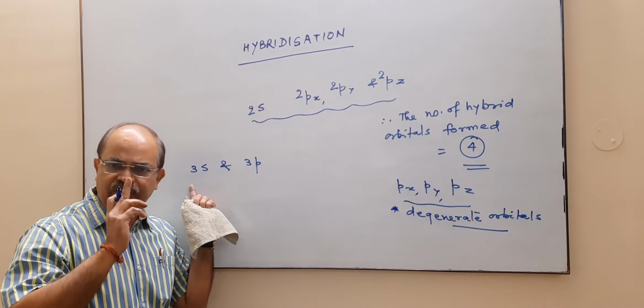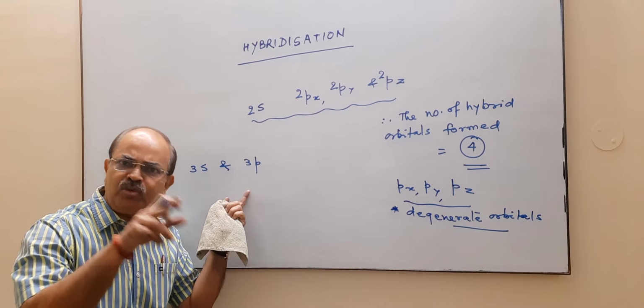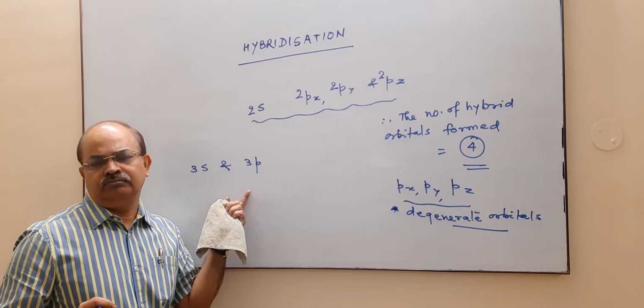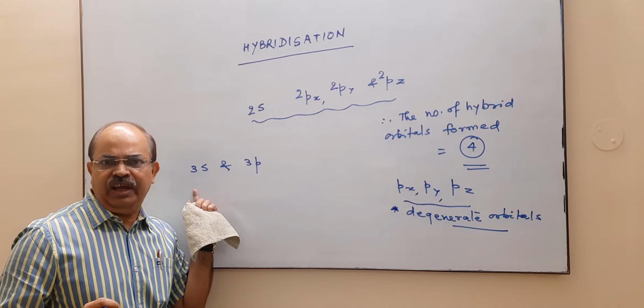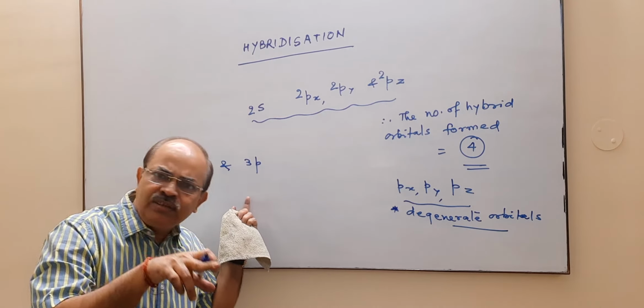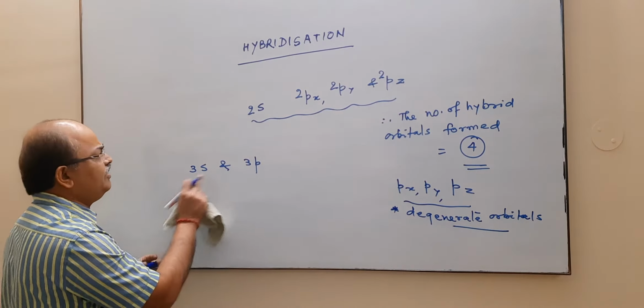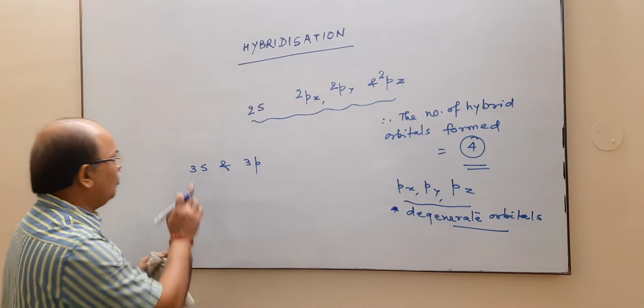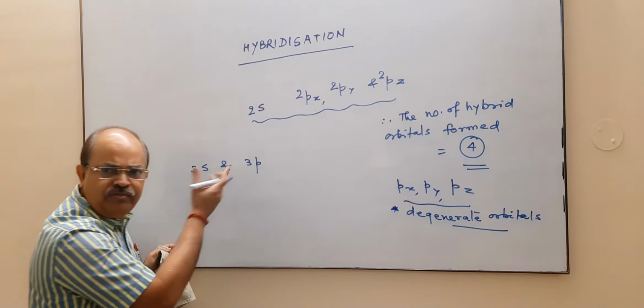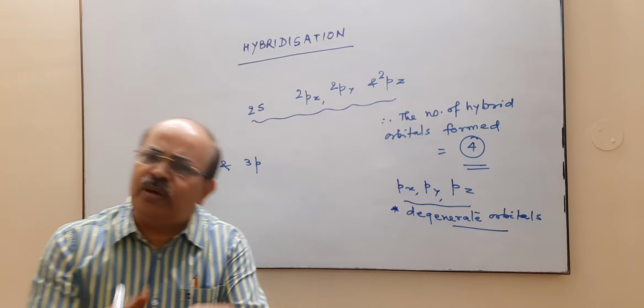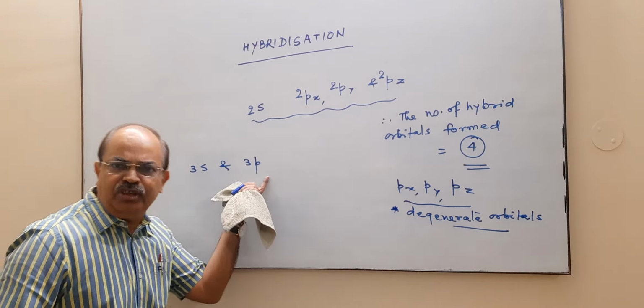If here we have 3s, then we have to consider 3p only. So this is 3s, this is 3p. An s has only one orbital, but p has 3.